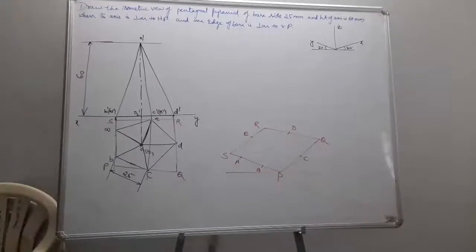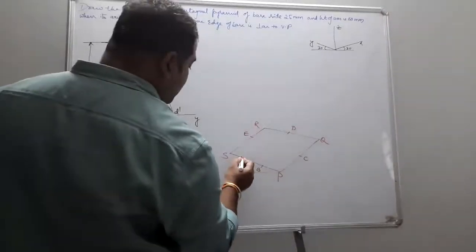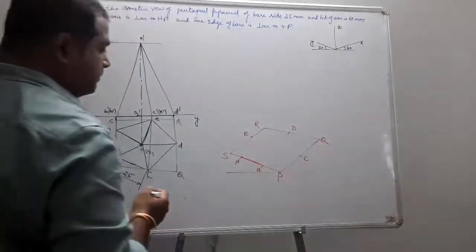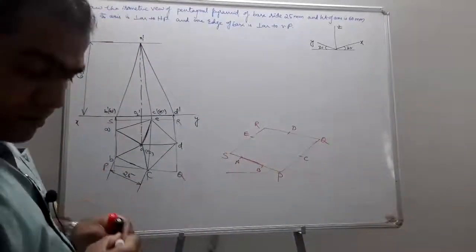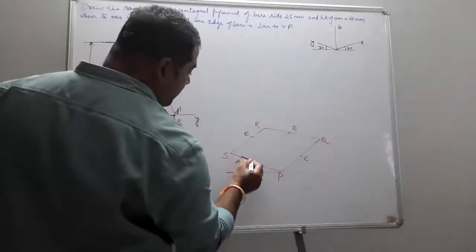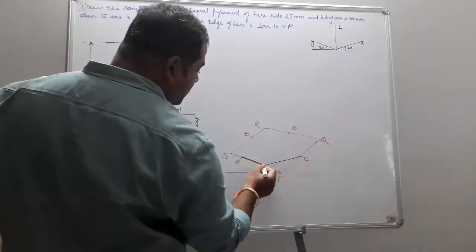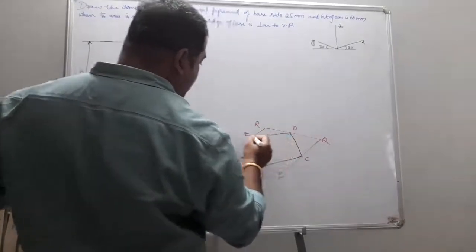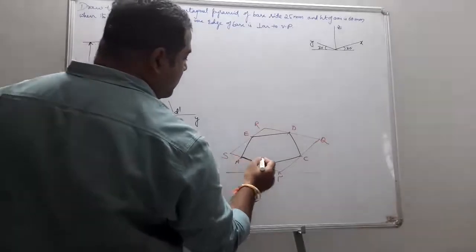Okay. Now join all the points, AB. Let us make it with black. AB, CB, BE. Okay.